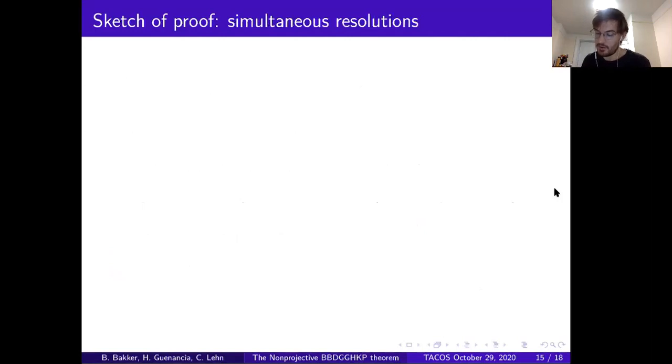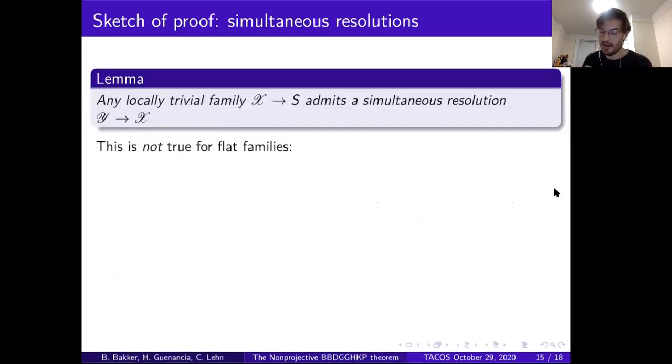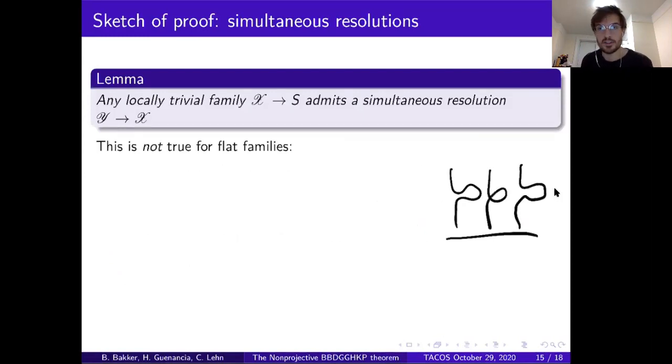Okay, so the first step is to prove a lemma which says that any locally trivial family admits a simultaneous resolution. And this is definitely not true for flat families. Again, in the easiest possible case, you can consider elliptic curves degenerating to a nodal rational curve.